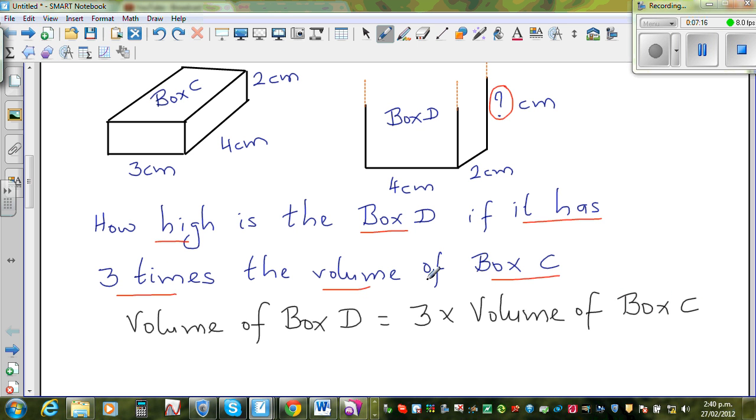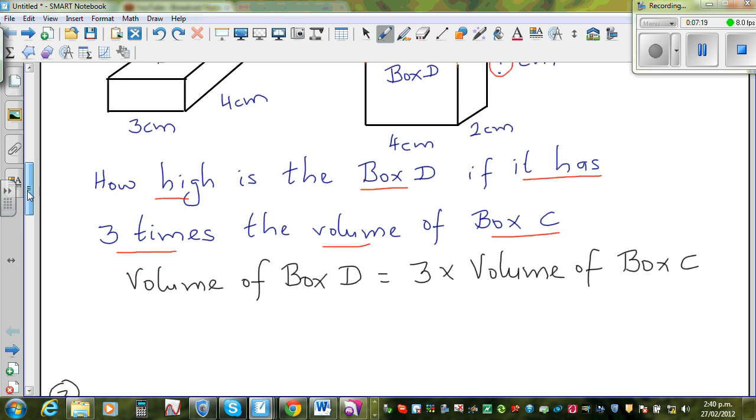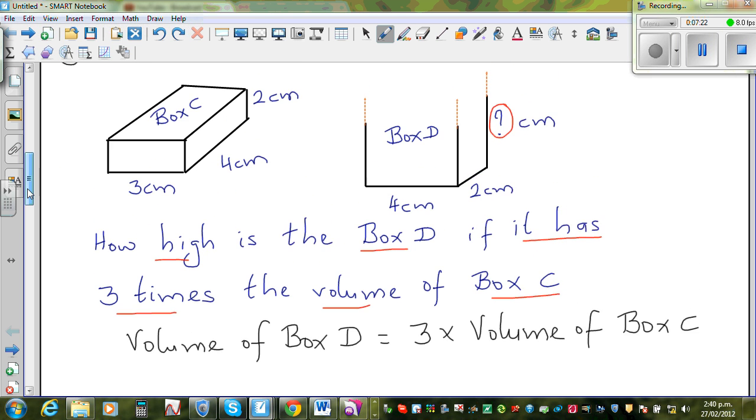Okay, so whenever you have a statement, try to write an equation out of this. Now the volume of a box is length times width times height.